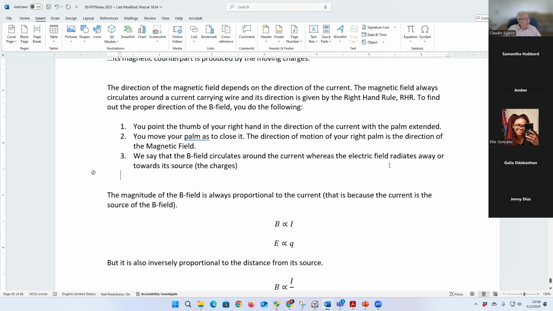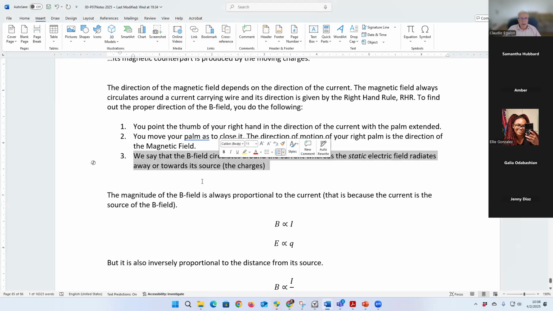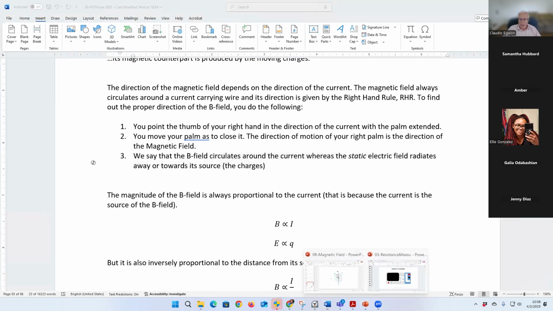There's an important difference, but I'm going to be very specific: the static electric field radiates away or towards its source. The static electric field, can you remember that right here?